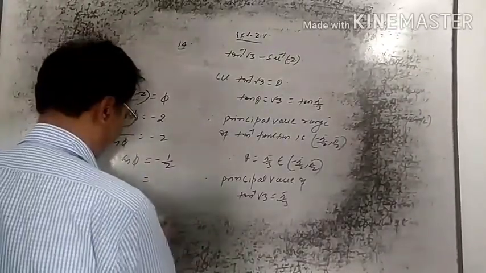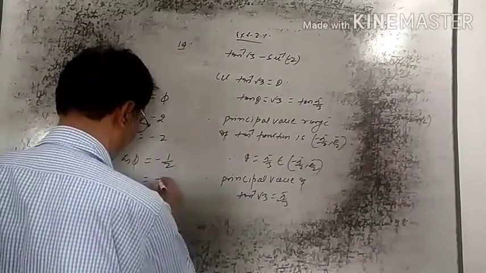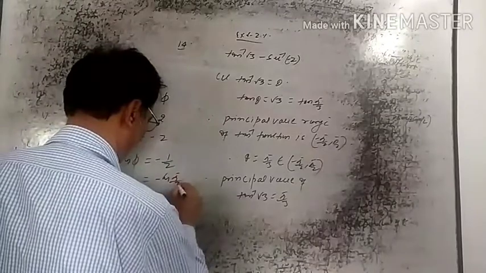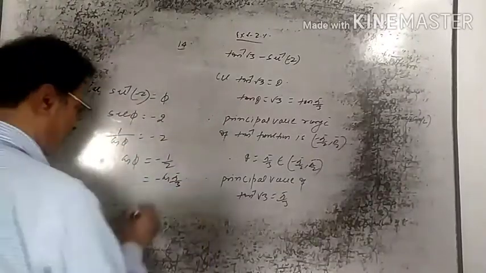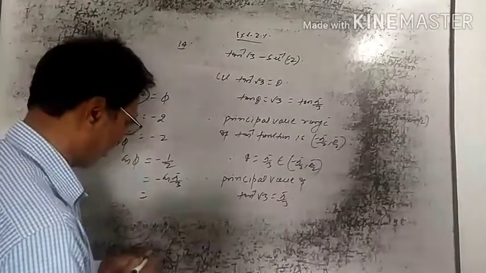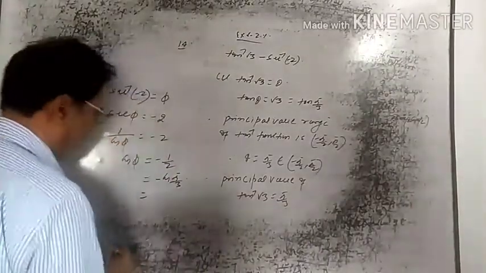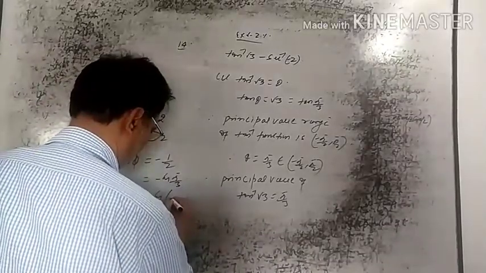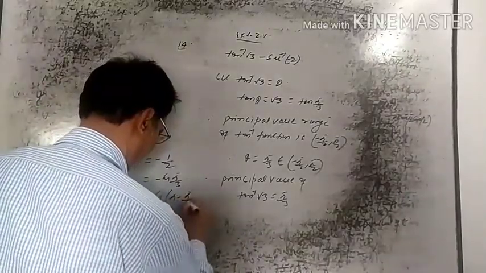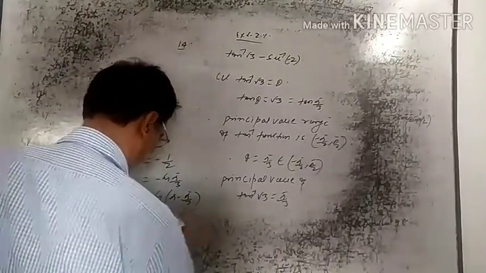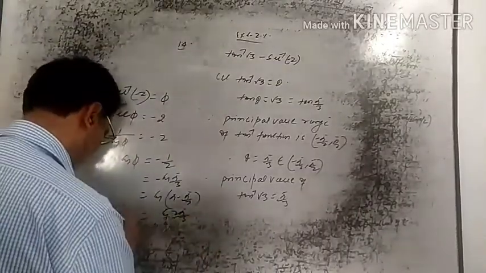The value of 1 by 2 in cos is cos pi by 3. And this is equal to cos of pi minus pi by 3, which is equal to cos 2 pi by 3, so cos phi.